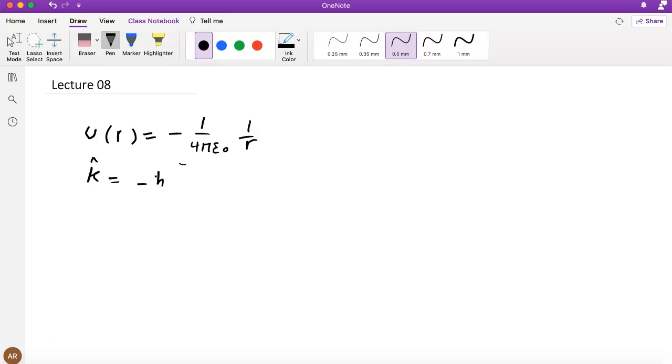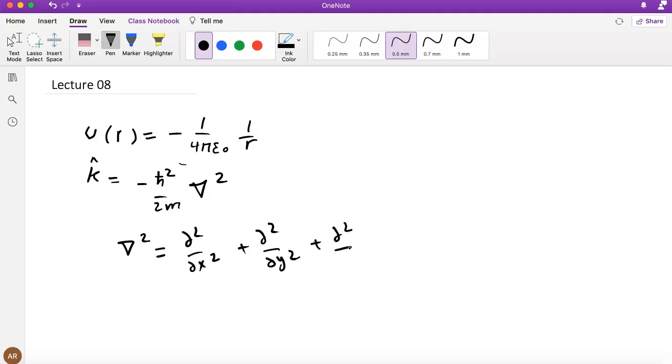So it was minus h bar squared over 2m times the Laplacian operator. In Cartesian coordinates, it's simply the sum of second derivatives with respect to x, y, and z.